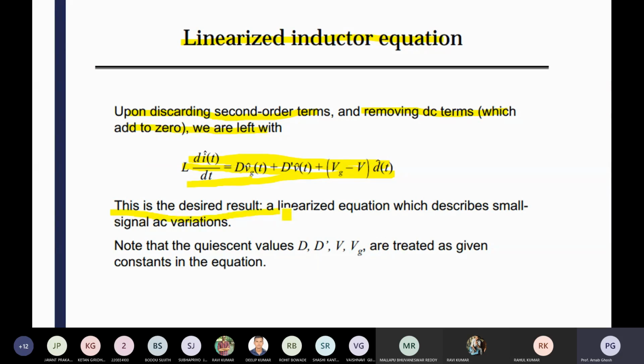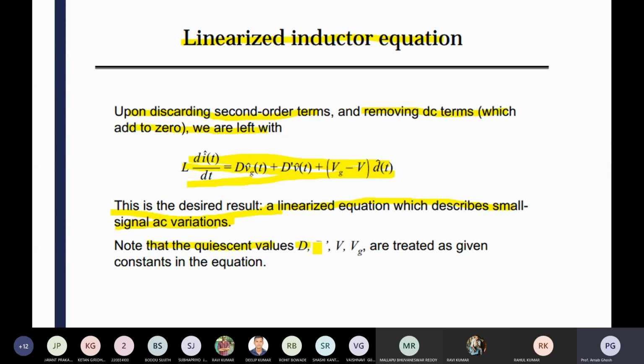Note that the quiescent values, capital D, capital D dash, capital V, capital VG, are treated as given constants in these equations. They are behaving like constants here. That's the basic motivation.